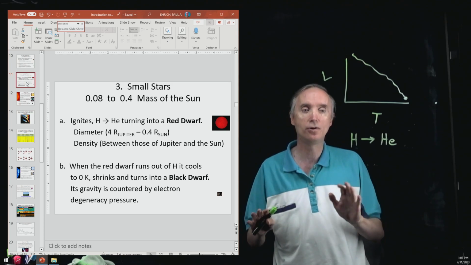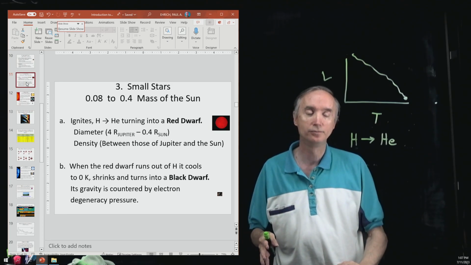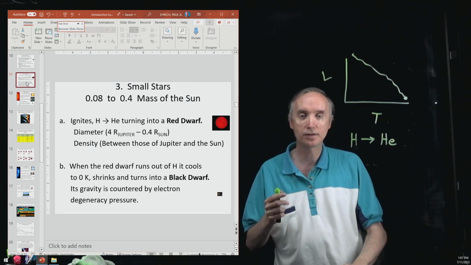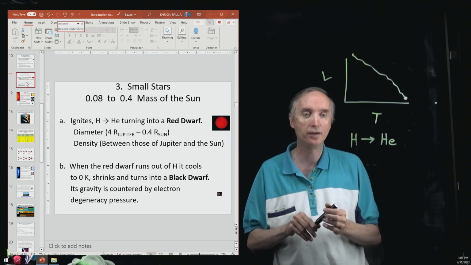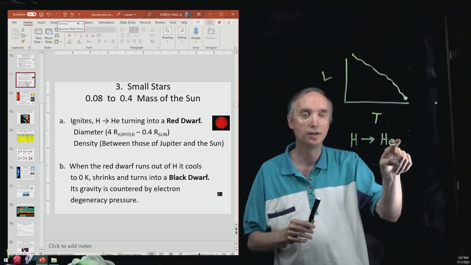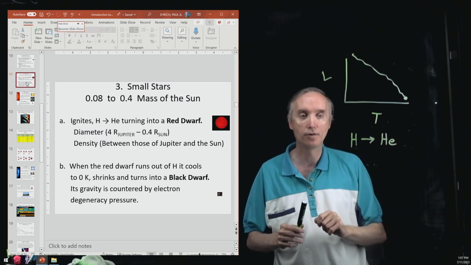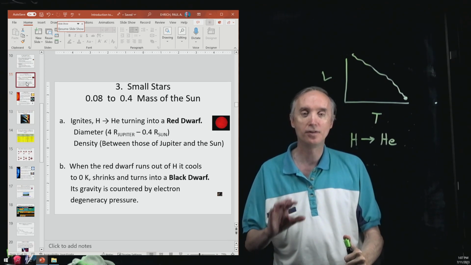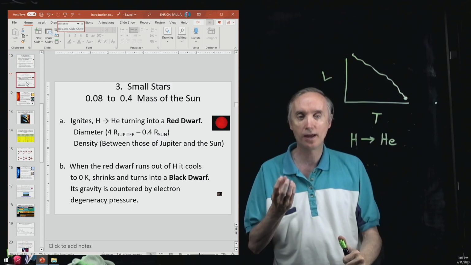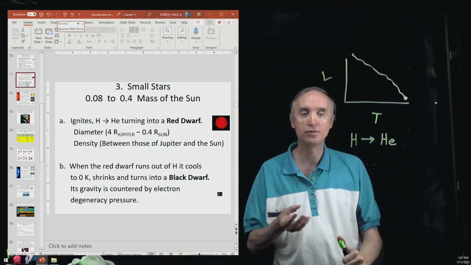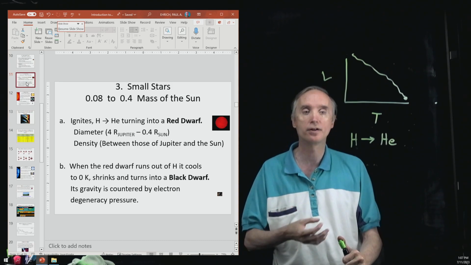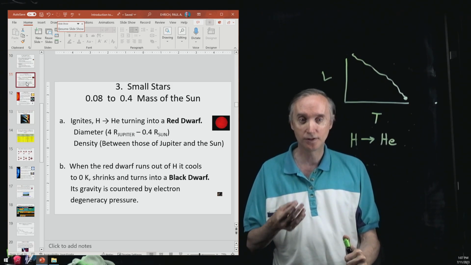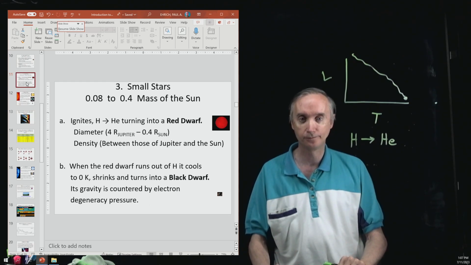Now you don't need to know that number for the exam, but 100 million Kelvin is going to be the next temperature needed in order to turn helium into the next element over here, which we'll talk about in our next segment. So these objects just don't have enough mass to generate enough gravity, to generate enough pressure, to generate enough temperature to get to that 100 million Kelvin thing.